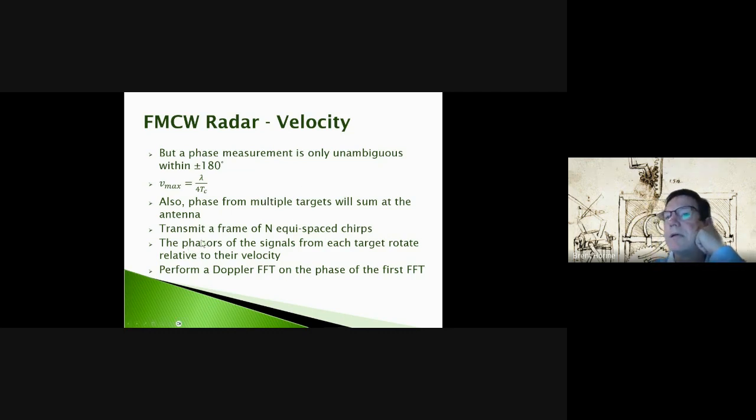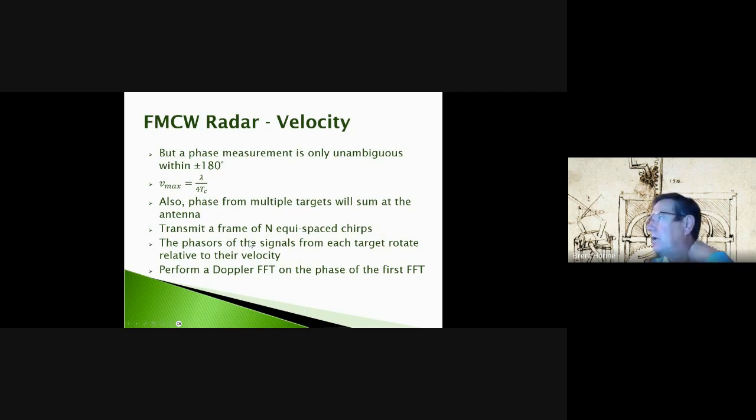It turns out that the phasors of the signals, these phase differences associated with the velocity for each target, are going to rotate as a phasor, right?